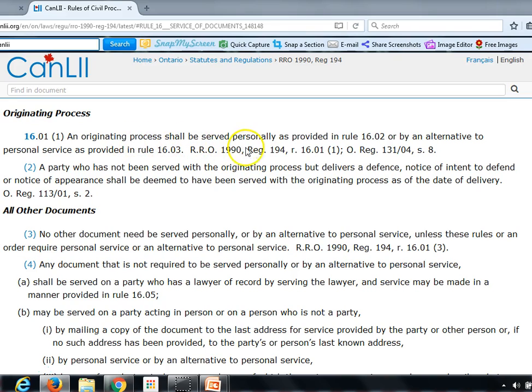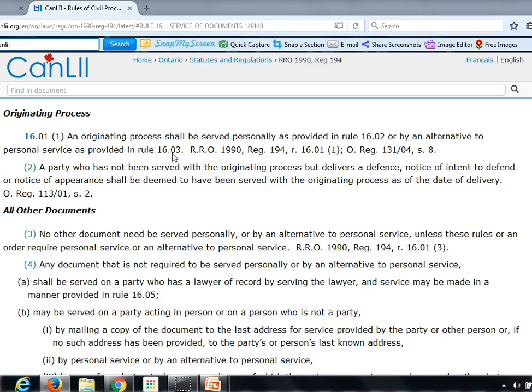But an originating process shall be served personally as provided in Rule 16.02 or by an alternative to personal service as provided in Rule 16.03. So the rule is specifically saying that when you have a statement of claim, you have to serve it personally. And then what does that personally mean? That's defined in Rule 16.02, or it could be served by alternative to personal service as in Rule 16.03, right?